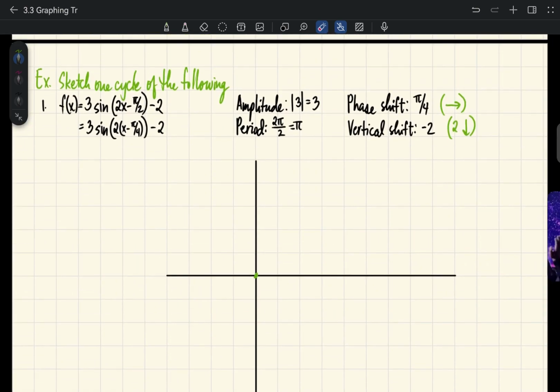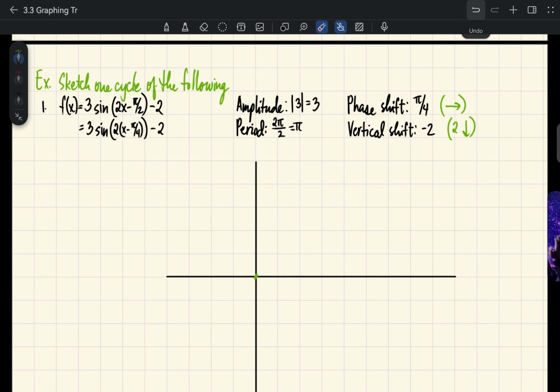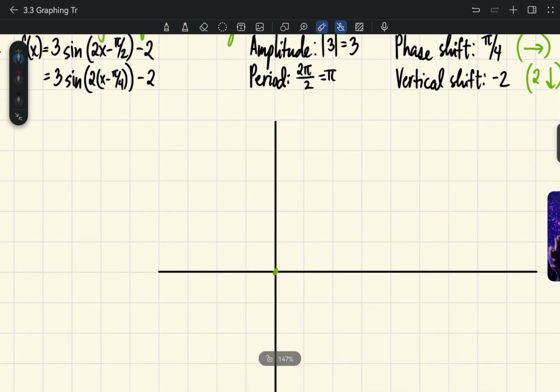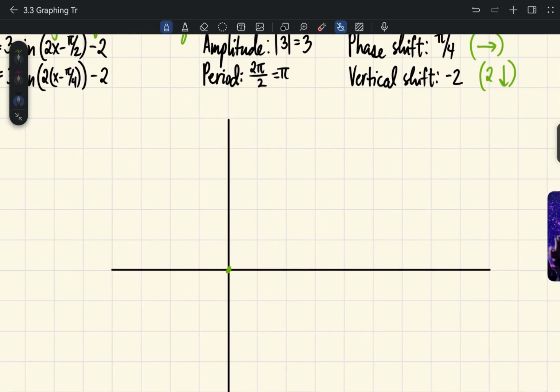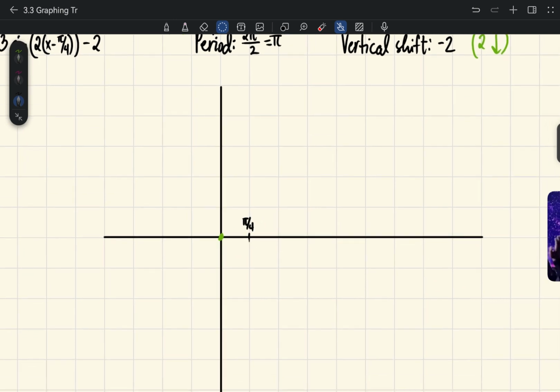Let me use green. Starting with 0, 0, we have a phase shift of pi over 4, so we have to move pi over 4 units to the right. So let's say this is pi over 4. We move pi over 4 units to the right.